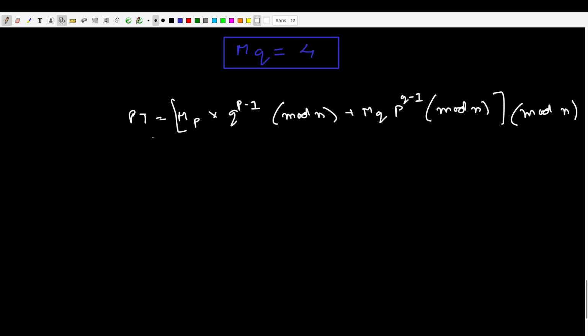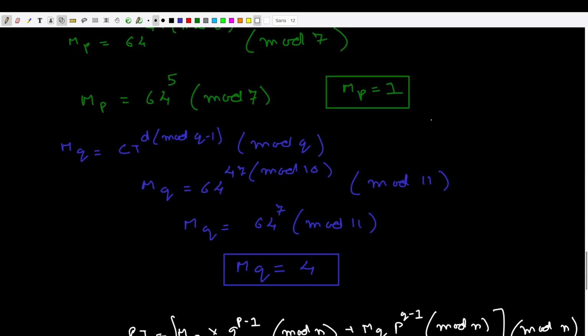So we have computed the values of MP and MQ. MP is 1 and MQ is 4.